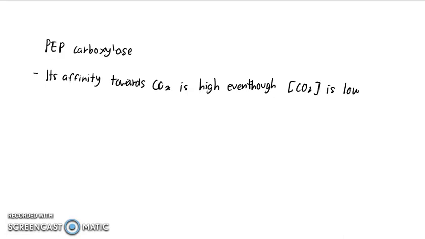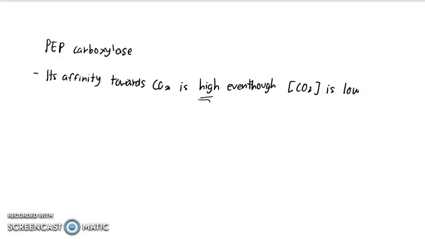Maksudnya dia berbeza dengan Rubisco ataupun RuBP carboxylase oxygenase. Kalau untuk RuBP carboxylase oxygenase, dia hanya akan fix carbon dioxide bila concentration of carbon dioxide adalah tinggi. Tapi berbeza dengan PEP carboxylase yang berada dalam C4 plant, affinity towards carbon dioxide is high, tetap tinggi walaupun concentration of carbon dioxide is low.